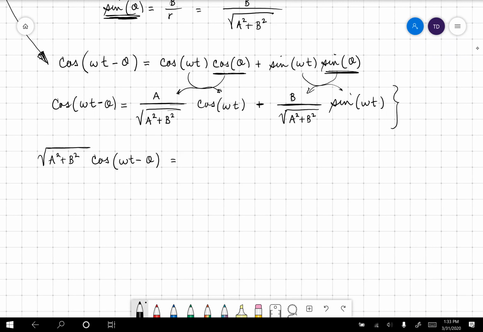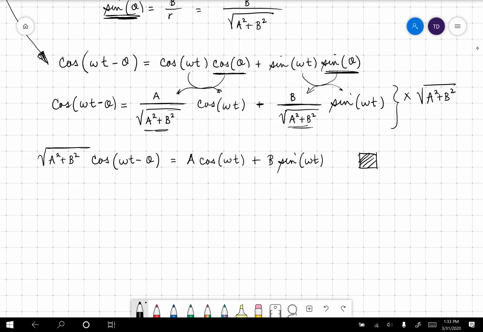So I'm multiplying times the square root of A squared plus B squared, and it's going to cancel with this term in the denominator that we have right there. A cosine of omega t plus B sine of omega t, voila.